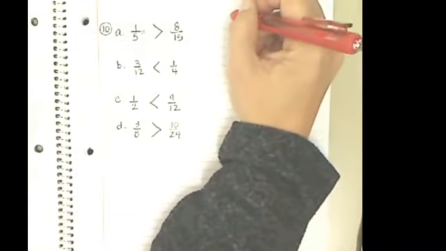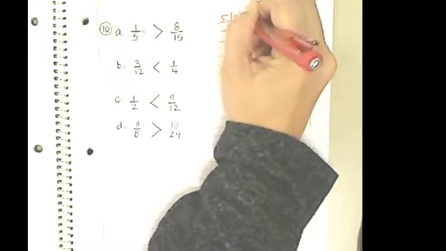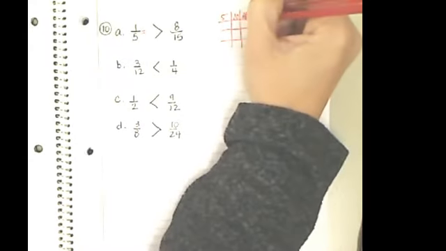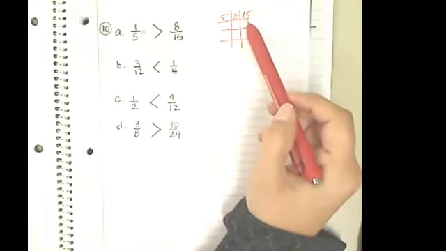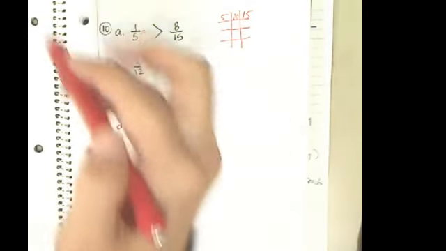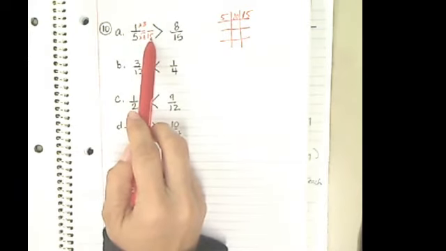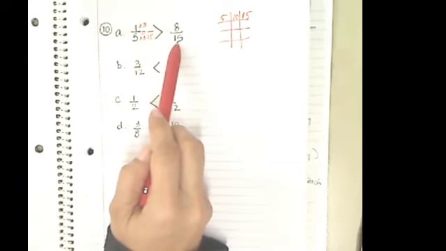If I want to, I can look at my 5s. 5, 10, 15. I'm already there. 5 times 3 gives me 15. So if I multiply top and bottom times 3, then it will give me an equivalent fraction that matches the denominator on the other side.